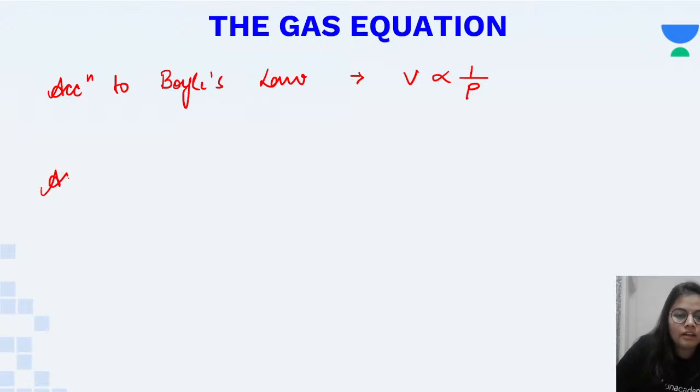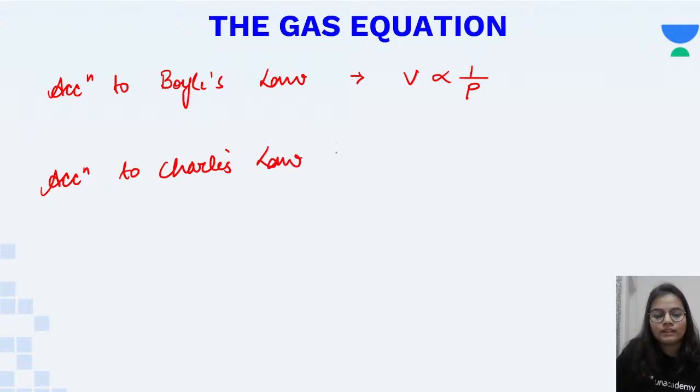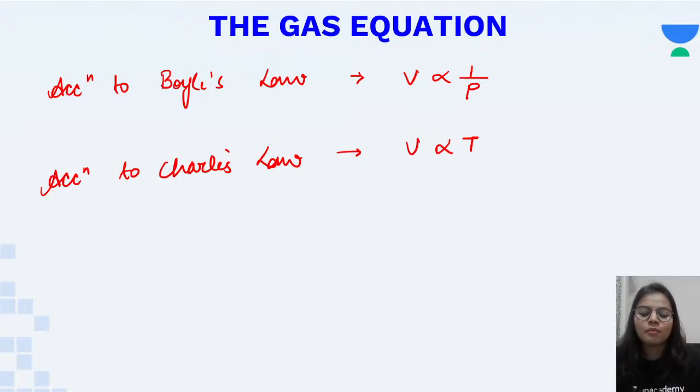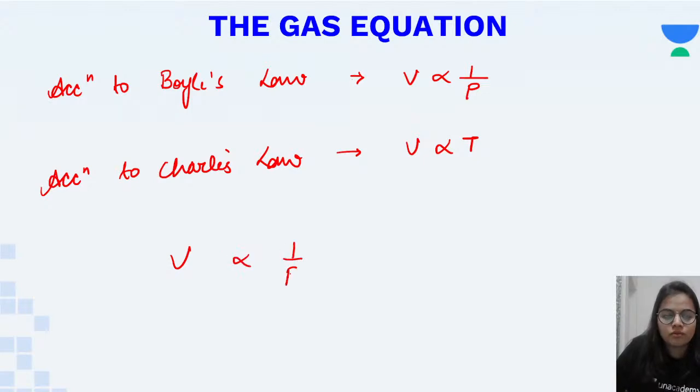And according to Charles' law, volume is directly proportional to temperature. Now if we combine these two laws, the volume of any given mass of gas: V is directly proportional to temperature and inversely proportional to pressure.